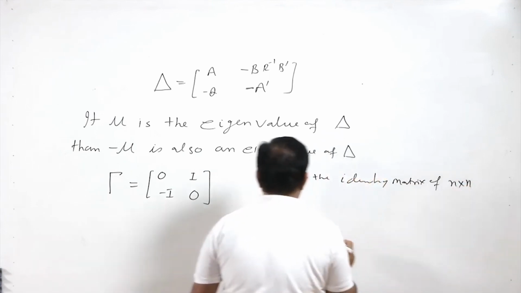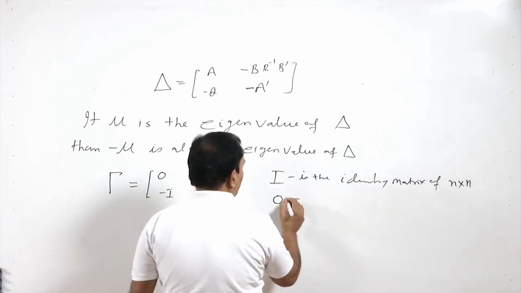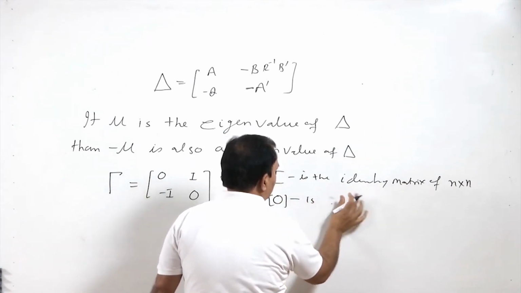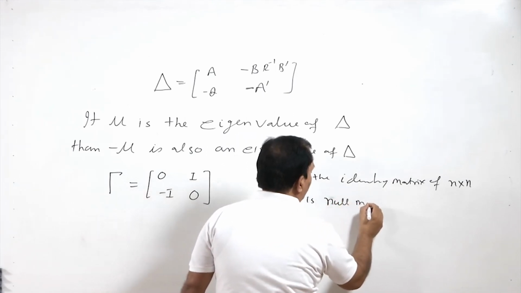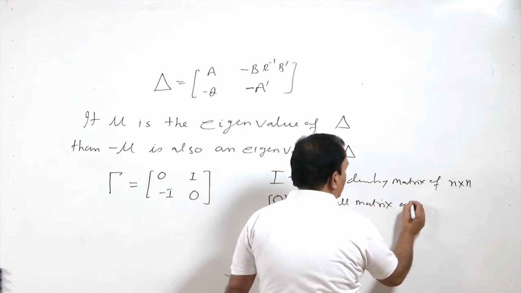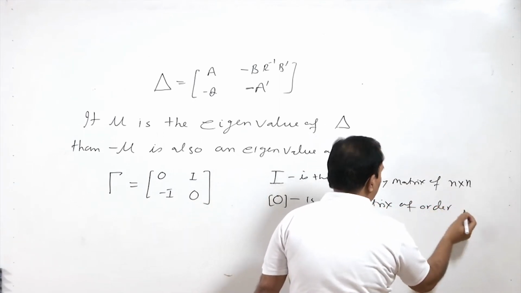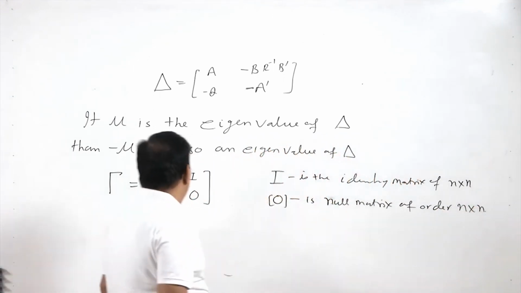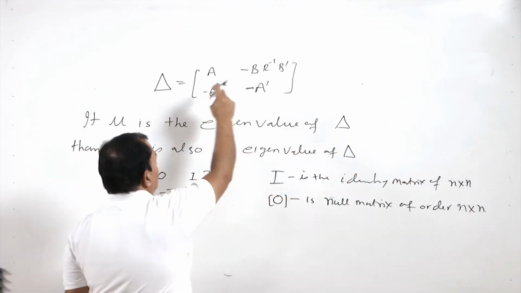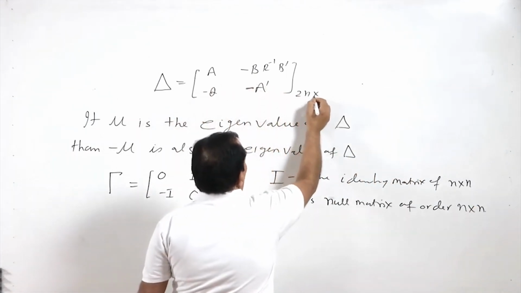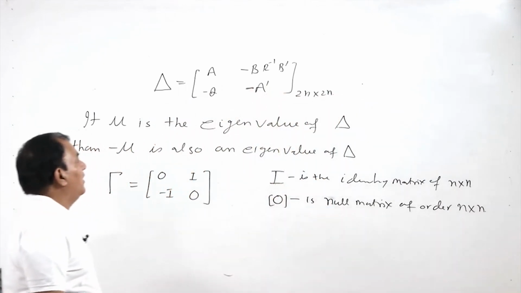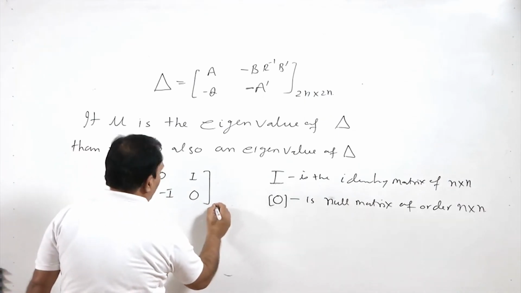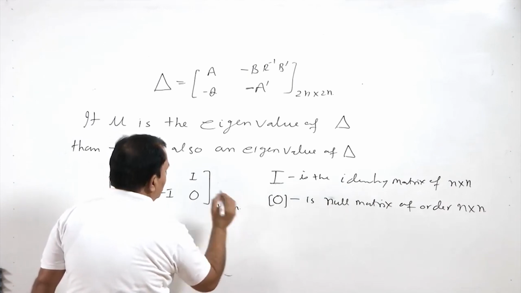And 0 is the null matrix, again of order n cross n. Because my Hamiltonian matrix is a 2n cross 2n matrix, where n is the order of my system, we also consider this transformation matrix as 2n cross 2n.